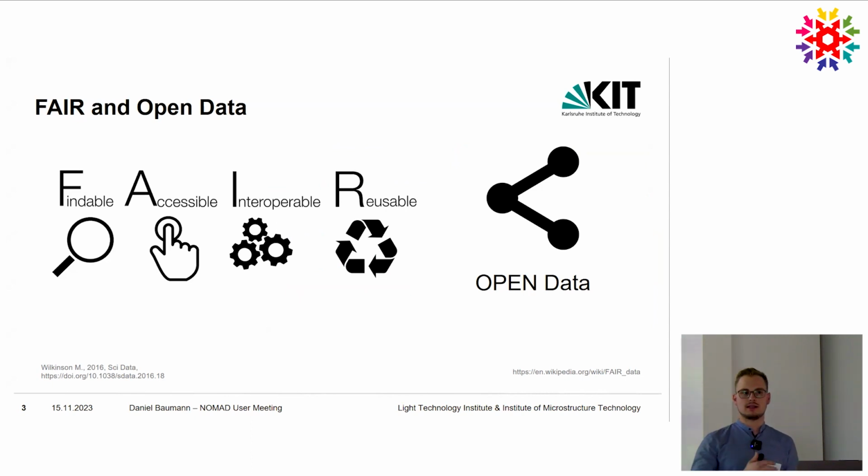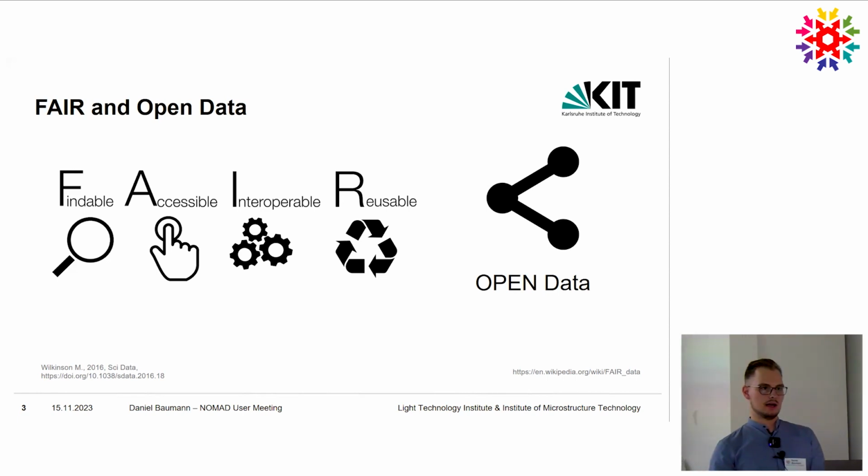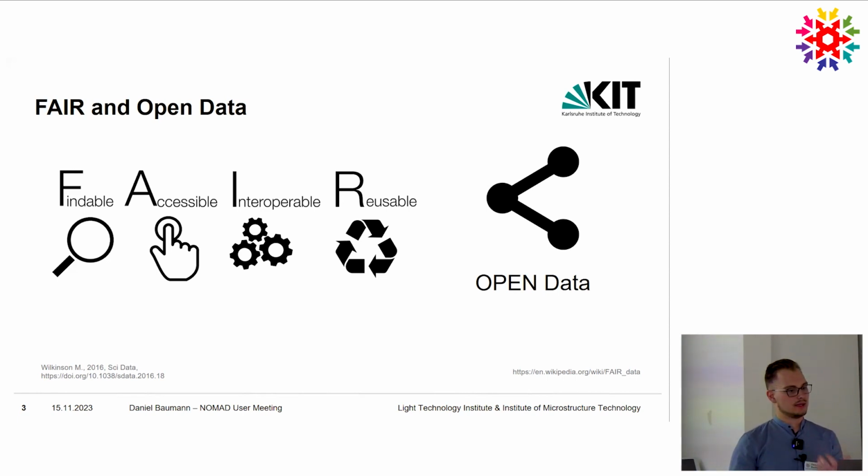Then we want it accessible, which means we have communication protocols that are open and standardized so that different researchers can access and work with the data. And interoperable means that we can actually use the data for our analyses and have computers read the data and make larger-scale analyses.